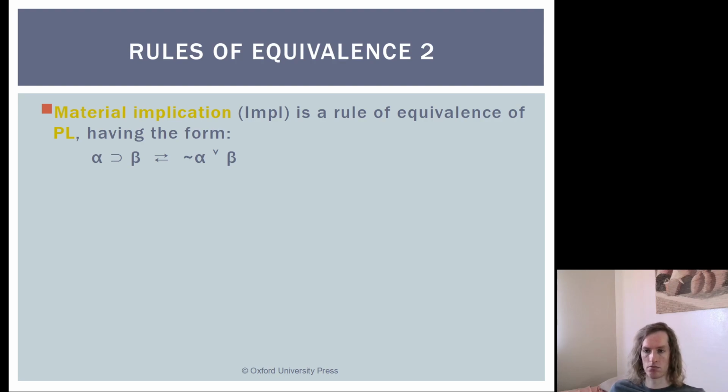So either alpha is not true, there's no alpha, and there's a beta, or there is an alpha and there's a beta, or it's both true that it's not the case that alpha and there is a beta, but it's not the case that there is an alpha and no beta.